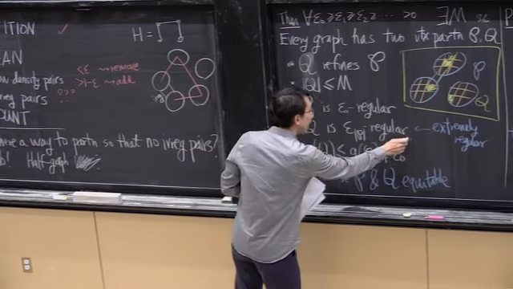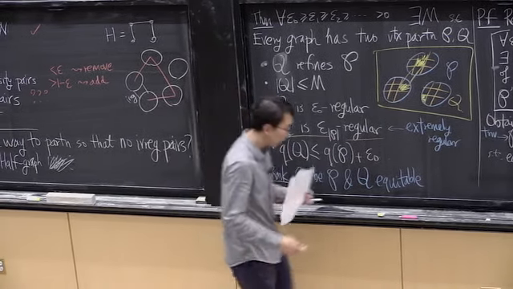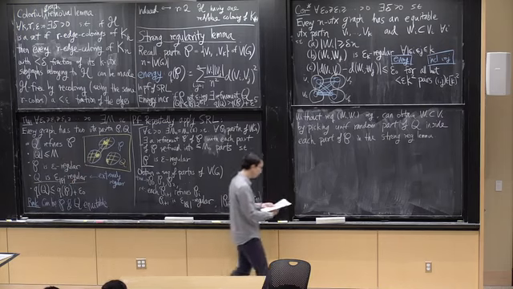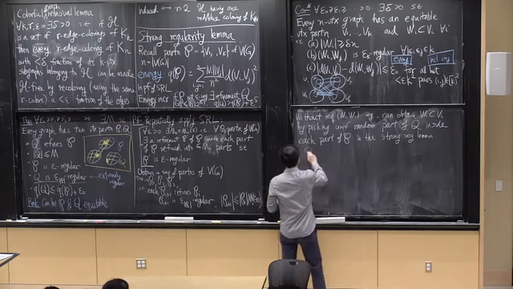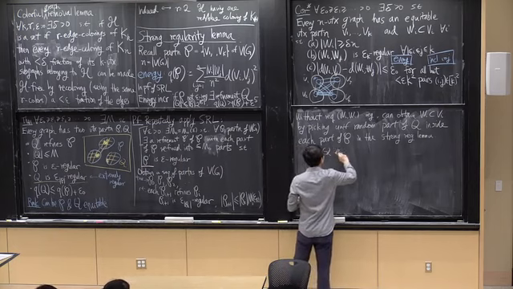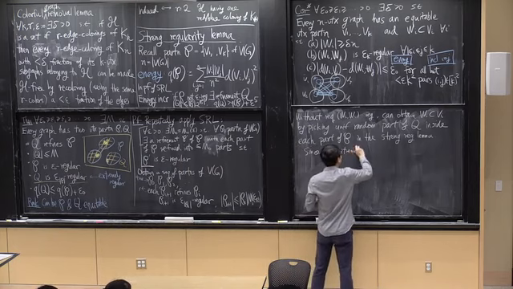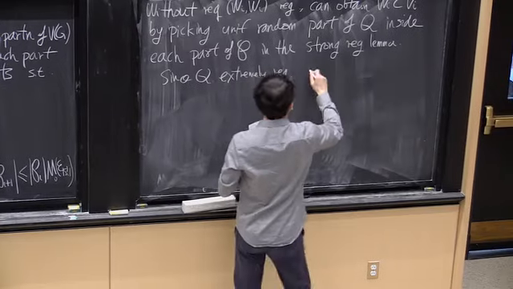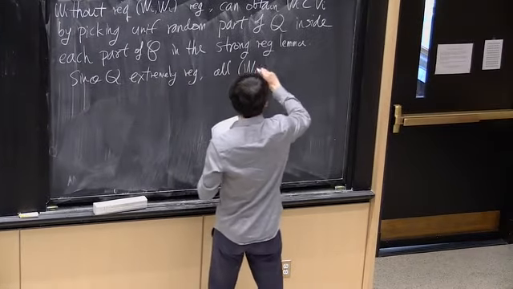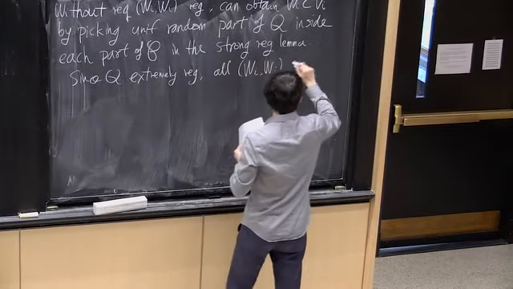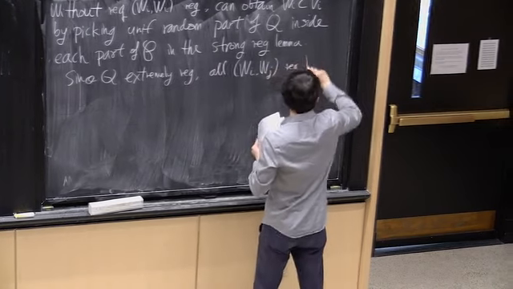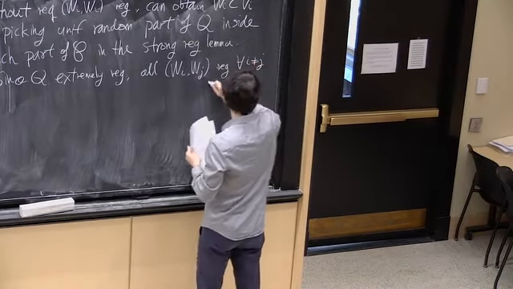Here we're using that Q is extremely regular. So all the Wi, Wj is regular for all i not equal to j with high probability.